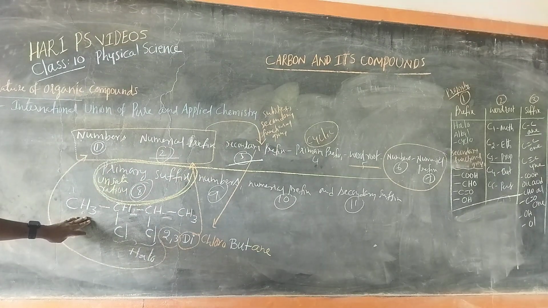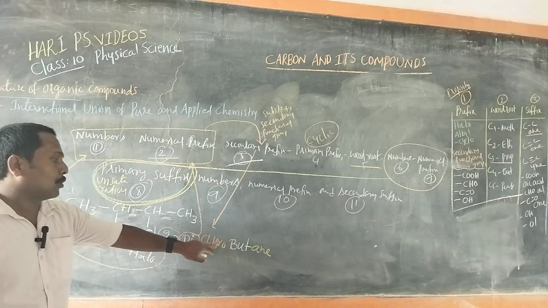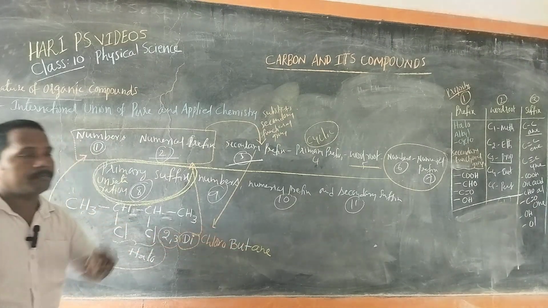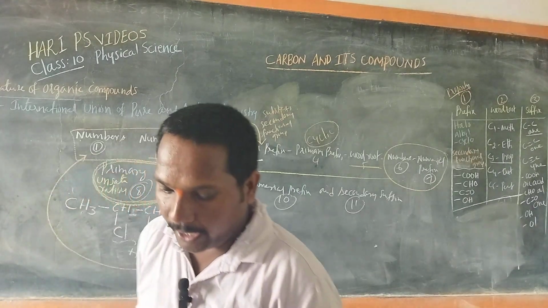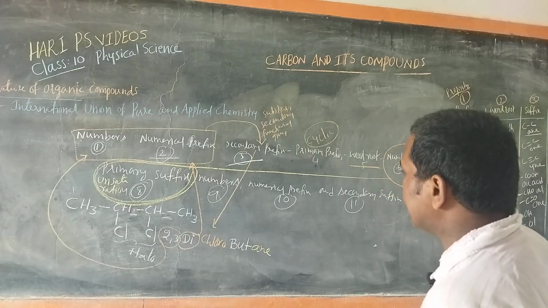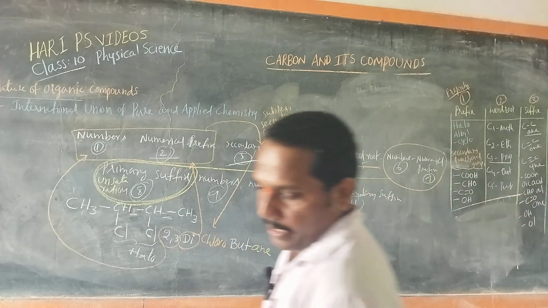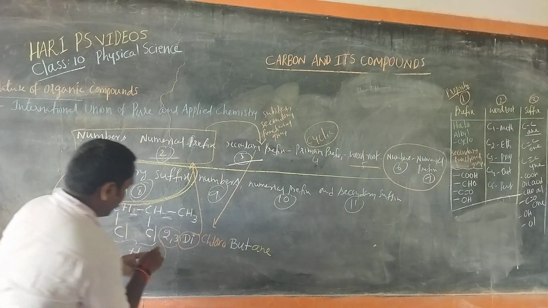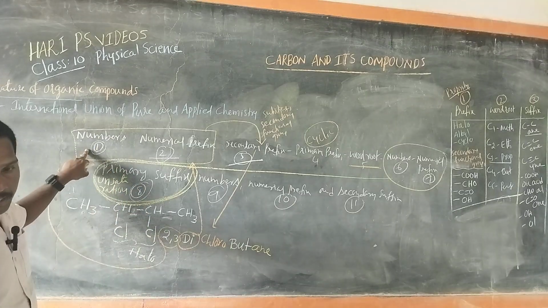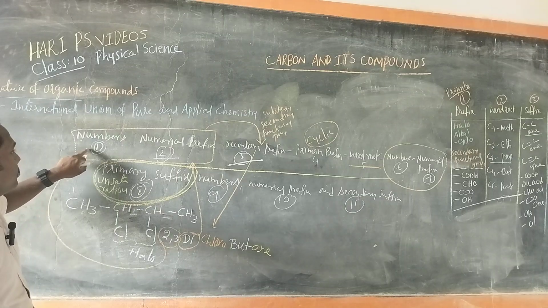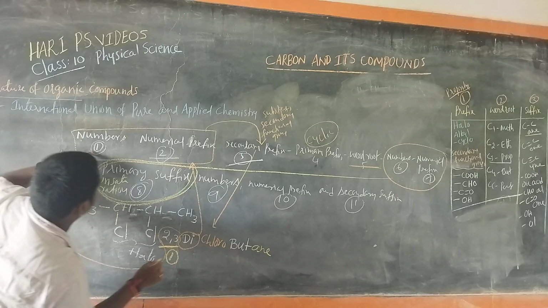So the name of the compound is 2,3 dichlorobutane, butane plus e. Now 2,3 is the first part, the numbers.